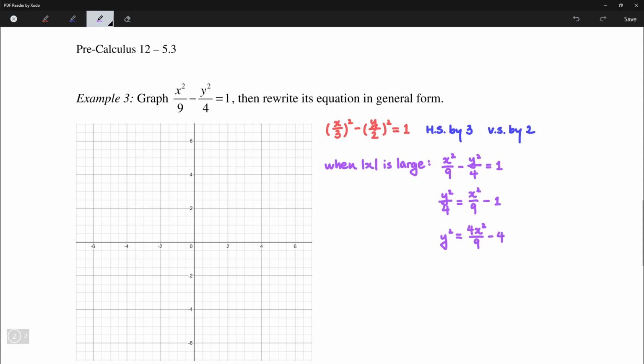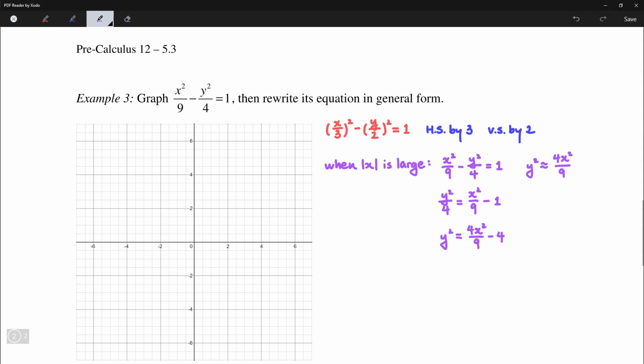And the idea here is when the absolute value of x is very large, this 4 here will be almost negligible. So when the absolute value of x is large, the expression simplifies to y squared is approximately equal to 4x squared over 9.